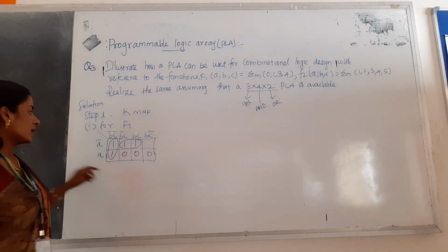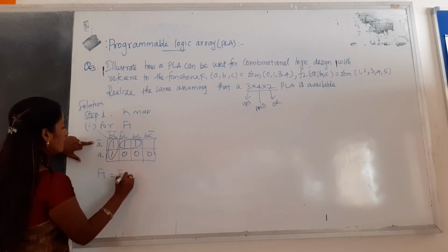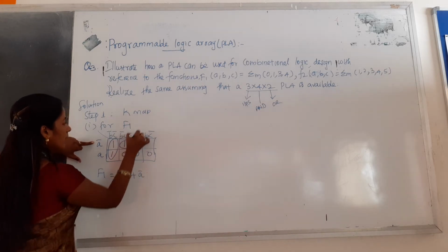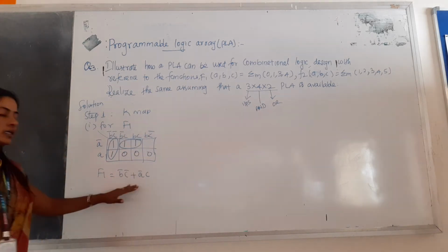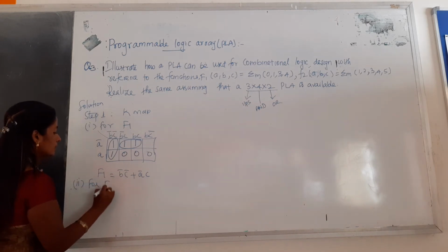So I'll get two pairs. My F1 is equal to B bar C bar plus A bar B bar, C cancels. Okay, this is my F1. Then F2.